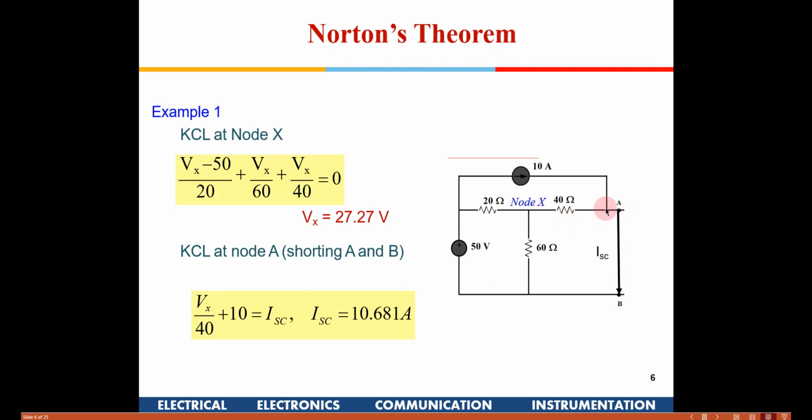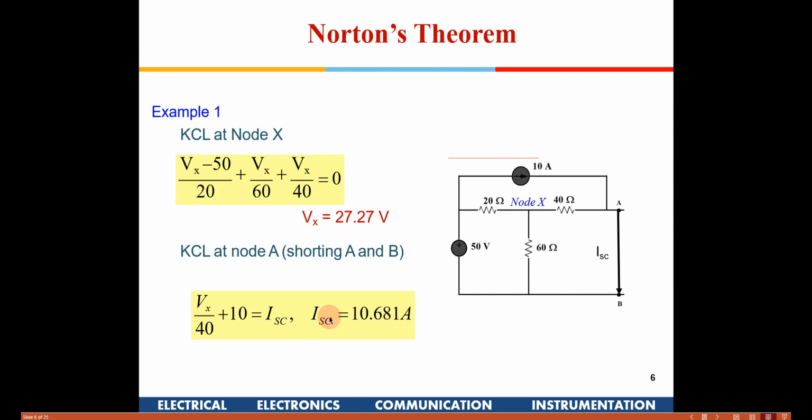So the current coming into node A through the 40 ohm resistor will be Vx divided by 40. That is equal to the short circuit current. We have taken this sign convention to be coming down from A to B, so that is equal to Isc. Now if you substitute the value of Vx which we found earlier, we get the value of the ISC. So that becomes a simple way of finding the Norton current source.